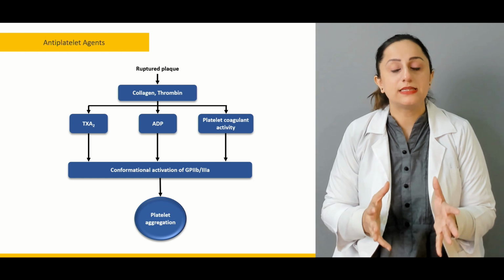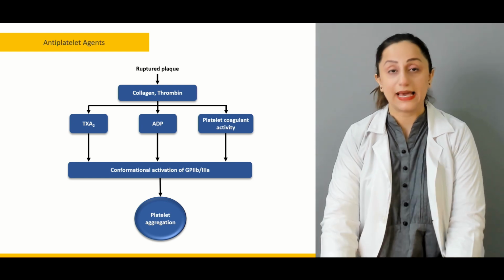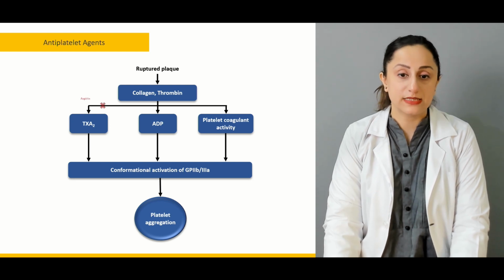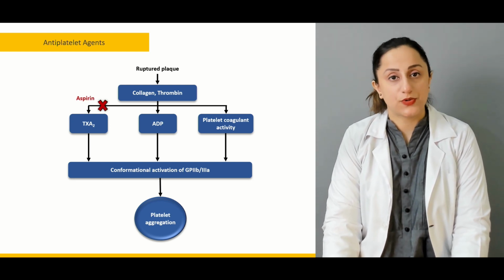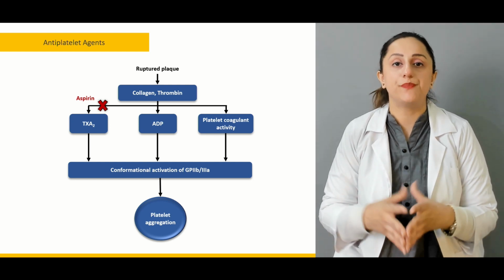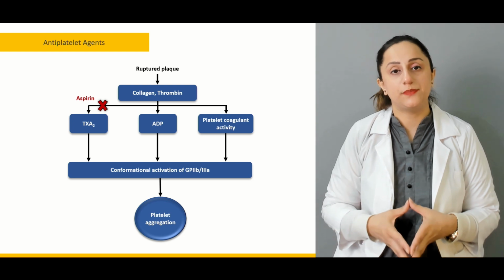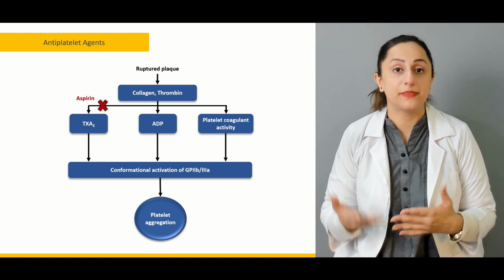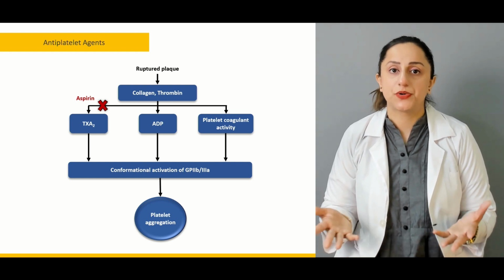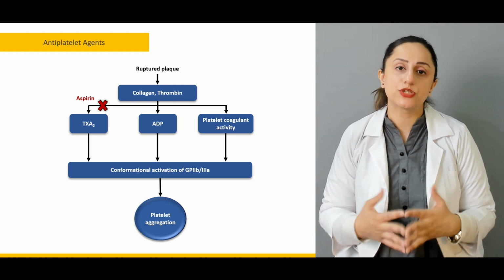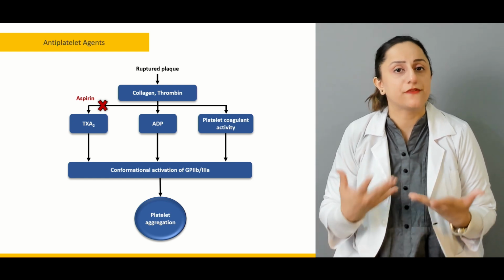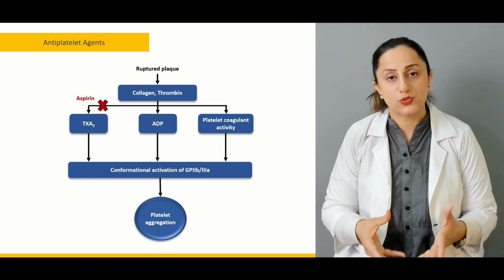Whenever we use the antiplatelet drugs, this cascade of events is inhibited at different levels. It can be the use of aspirin, one of the most important and most basic drugs that we give to the patients who are at risk of developing atherosclerosis or who are suffering from diabetes mellitus or hypertension. We usually prescribe an antiplatelet drug that is a low-dose aspirin, usually 25 mg for these individuals.